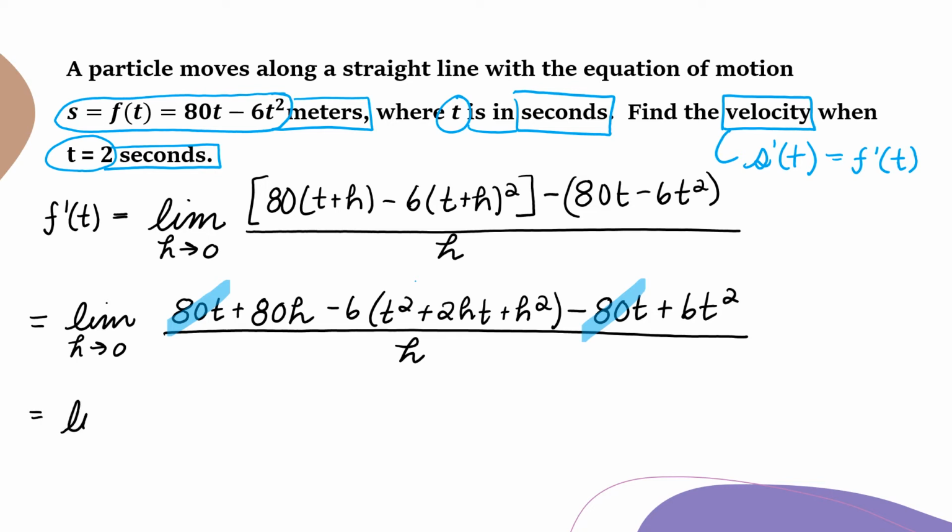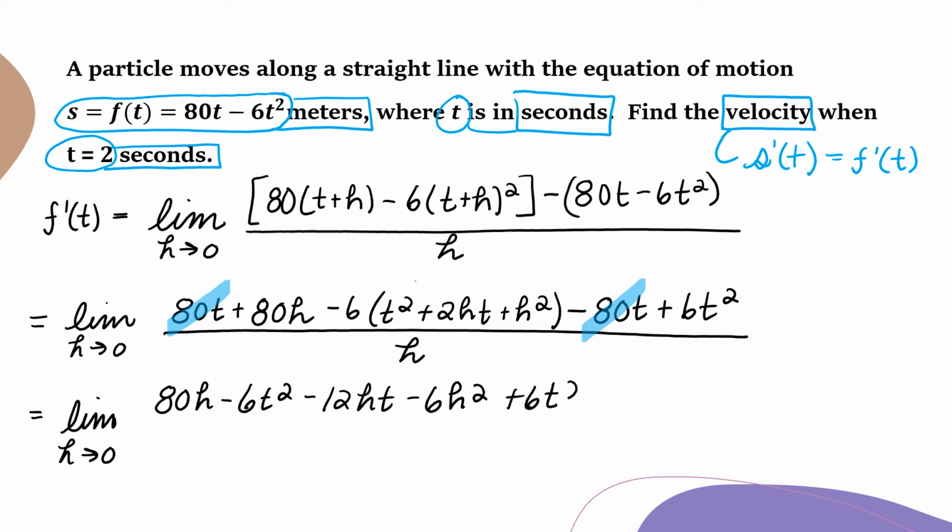So this is equal to the limit as h approaches 0 of 80h minus 6t squared minus 12ht minus 6h squared plus 6t squared, all over h.